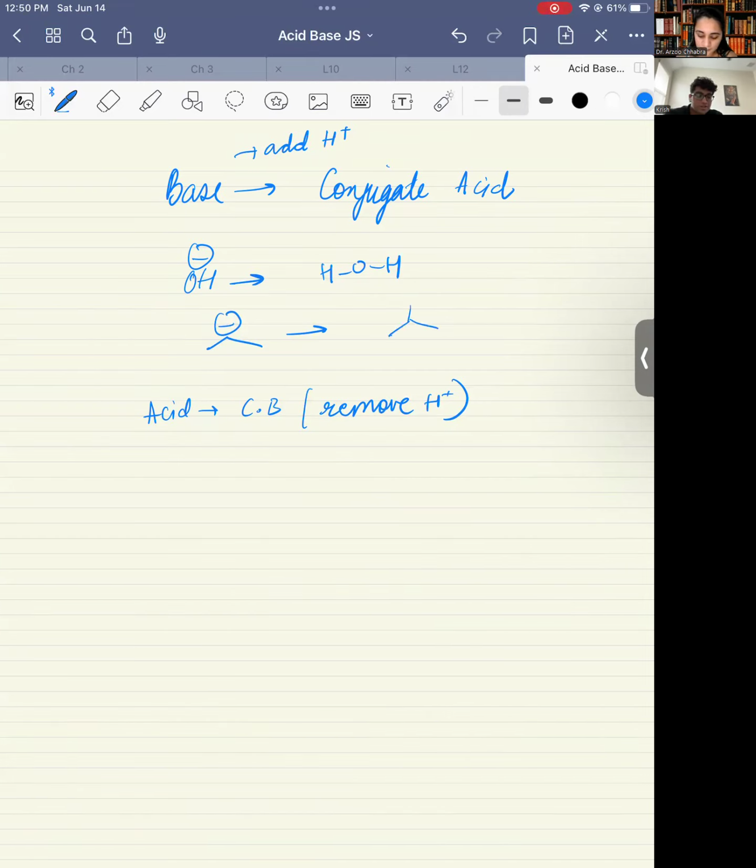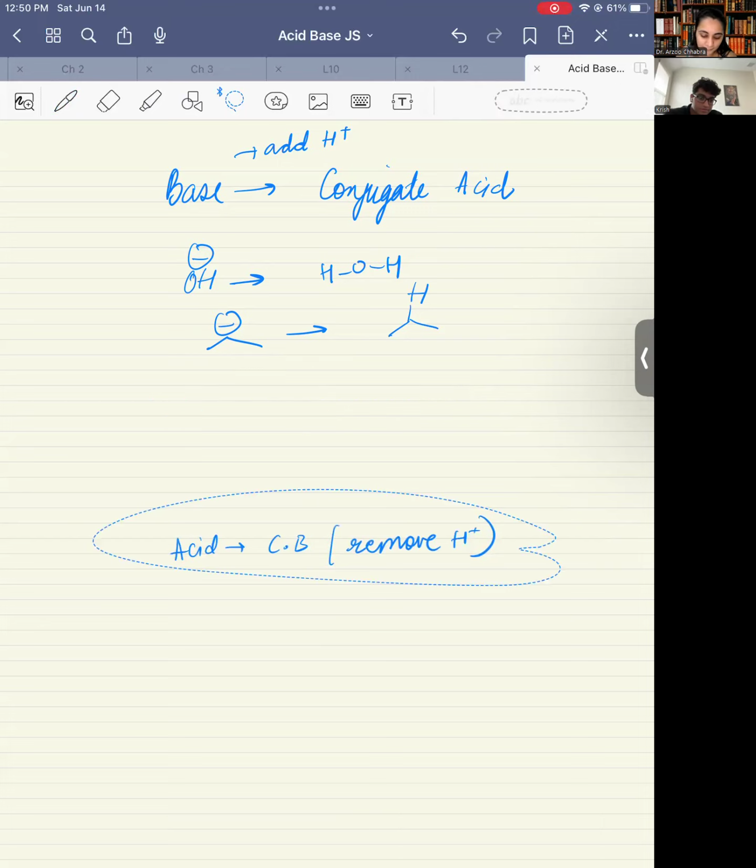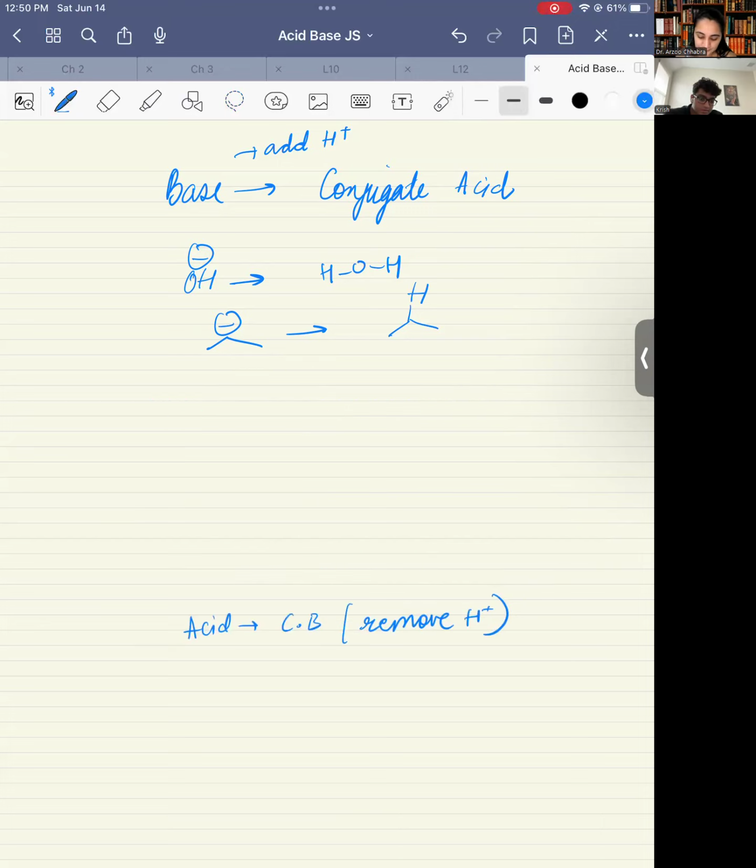That's correct, so you can just add the hydrogen there. What would be a conjugate acid for, let's say, water? Hydronium, H3O plus. That's correct. So you can get the conjugate acid and conjugate base for any of the species.